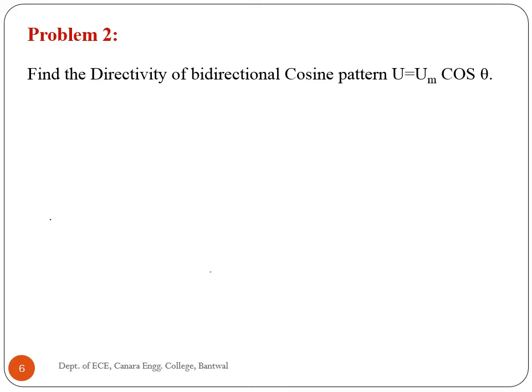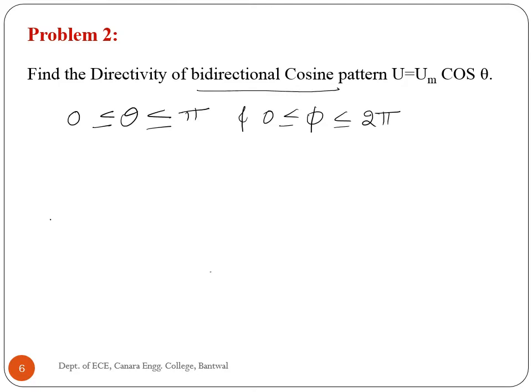Find the directivity of bidirectional cosine pattern. The bidirectional cosine pattern indicates that theta is between 0 and pi and phi is between 0 and 2 pi.